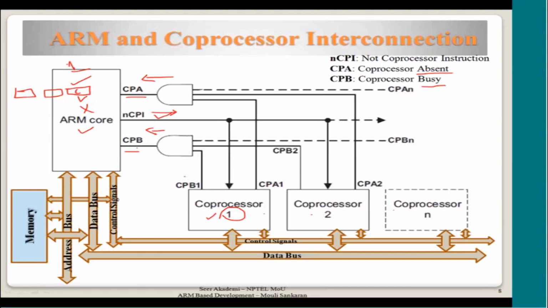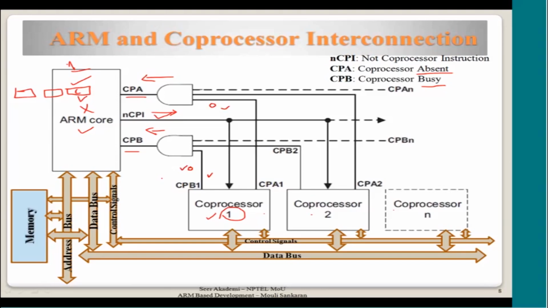Now it will say that I am not busy, so it will make the busy signal 0. And then, is it absent? No, it is actually present. So it will make that 0 as well. Both of them it will make 0.